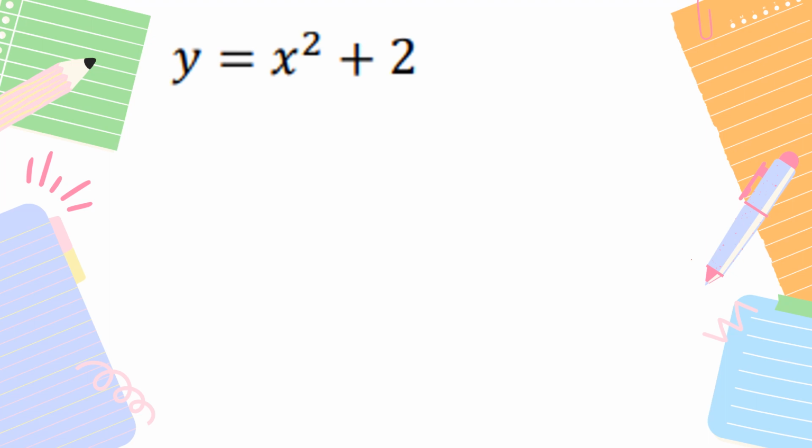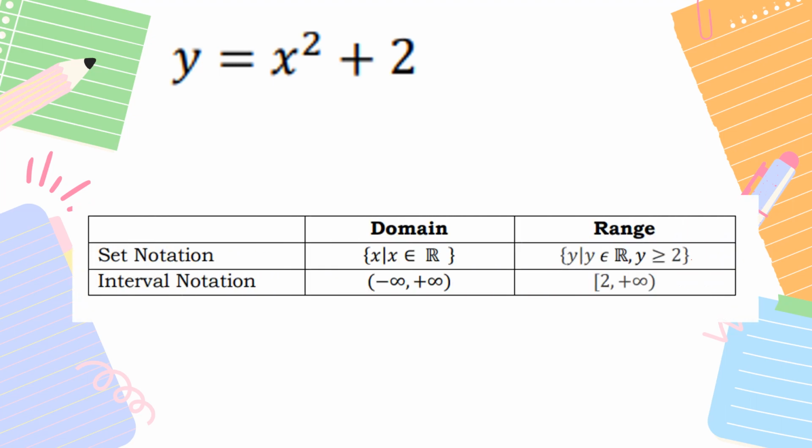Number 2, y is equal to x squared plus 2. Unlike the linear function, this given is a quadratic function. Like the linear function, any real number can be substituted to x to get an output.